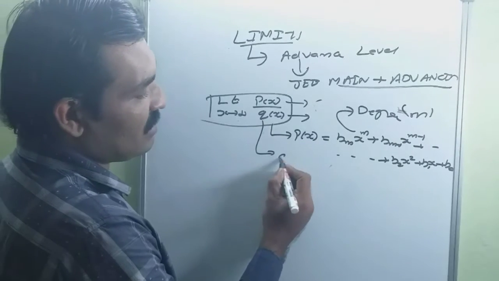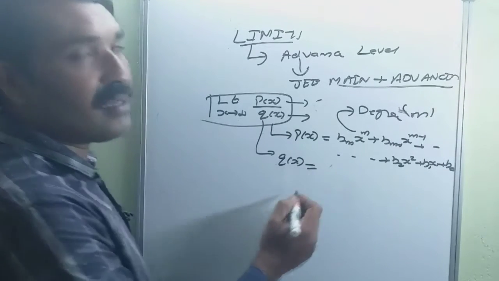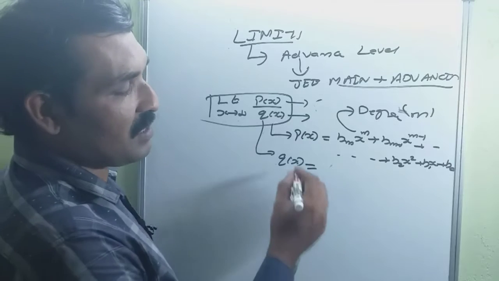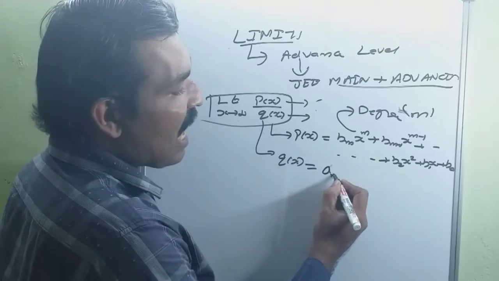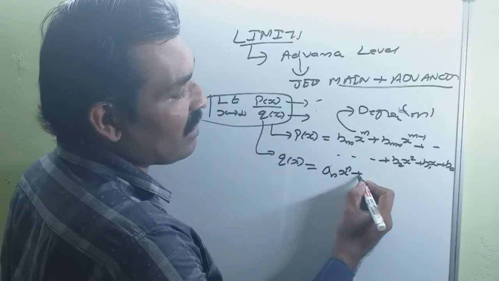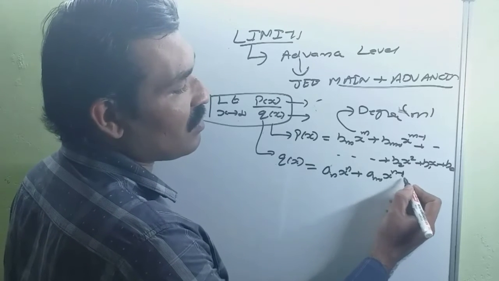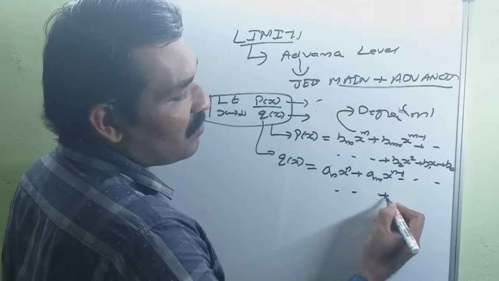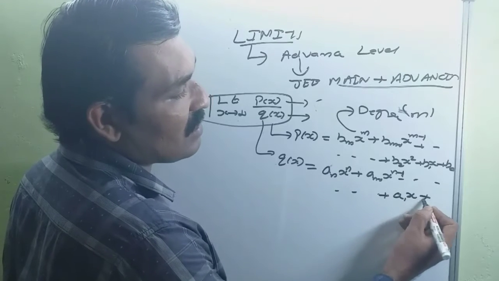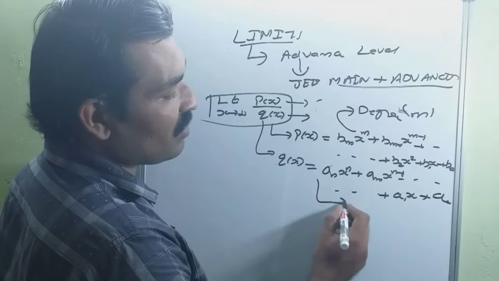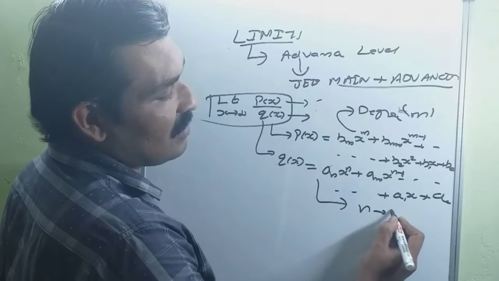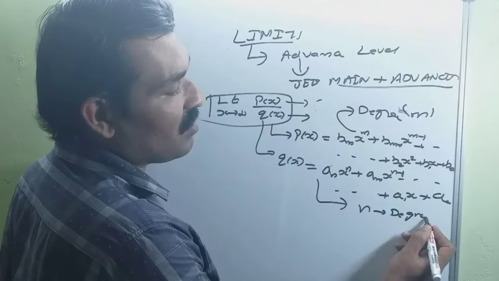Now q of x be an nth degree polynomial. So we can represent q of x as an x raised to n plus an minus 1 x raised to n minus 1, this goes on, plus a1 x, last term is a naught. So the degree here is n, the degree of this polynomial.